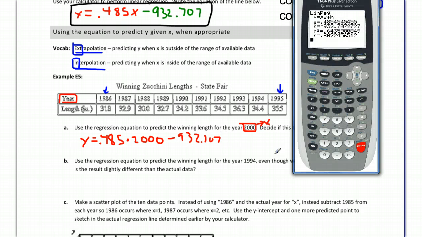And we want to pull out our calculator to actually go ahead and do this. So 0.485 times 2000 minus 932.707. And when we do that, we get 37.3 if we round it off to one decimal, just like these are.